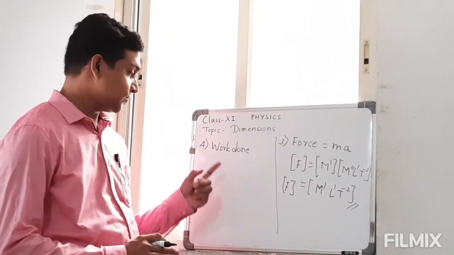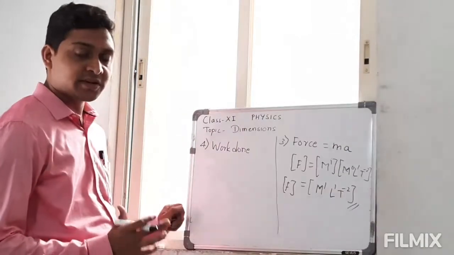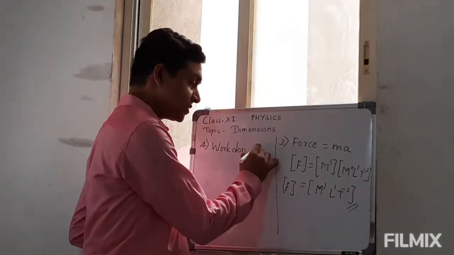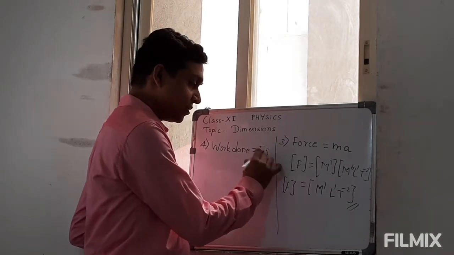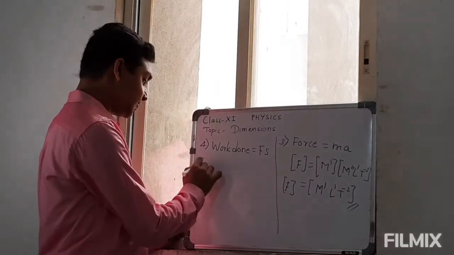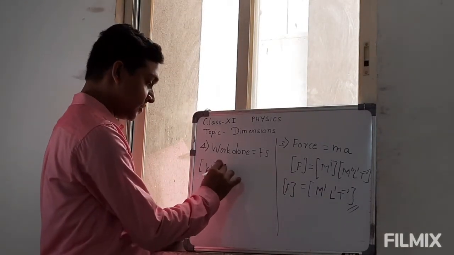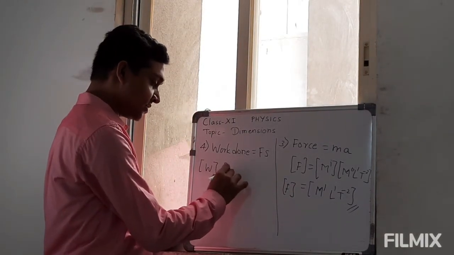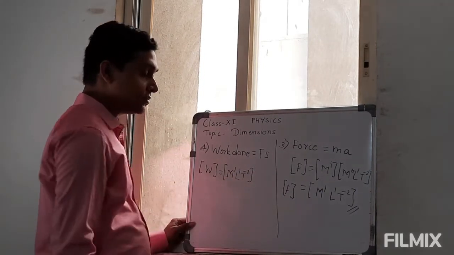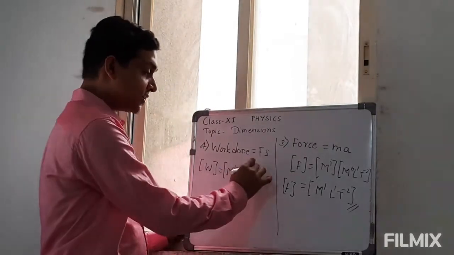Next physical quantity is work done. Again, what is the formula for work done? Yes, it is force into displacement, F into S. Okay, dimensions of force we have over here. So dimensions of work done is equal to the dimensions of force, M1, L1, T-2, times displacement.